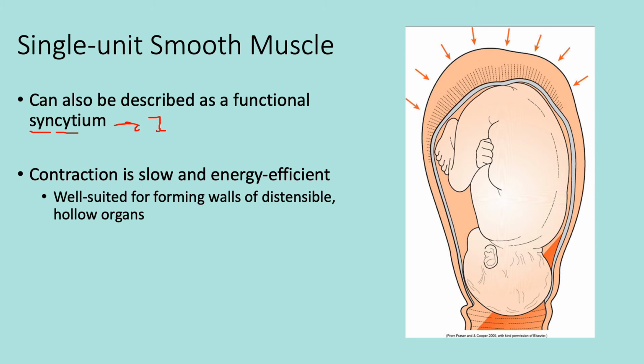So that's smooth muscle, and it acts as a functional syncytium. And this is good because what we get is this slow, coordinated contraction of all those cells at once that push out the baby to deliver that baby. If we had independent, uncoordinated contractions, as we would with multi-unit smooth muscle, that wouldn't properly exert force to expel the baby.